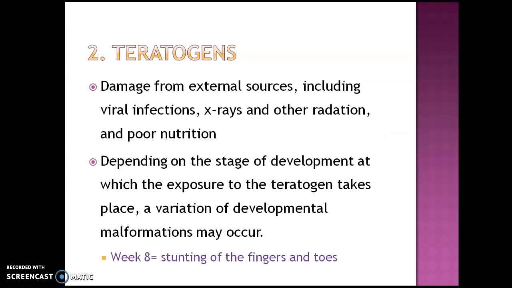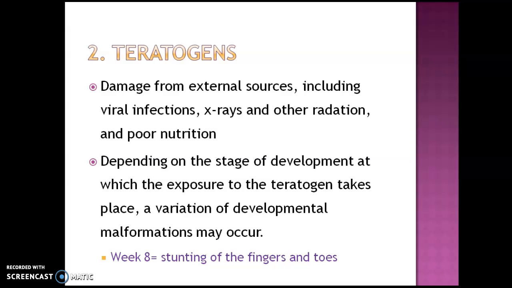The next problem is in the case of teratogens. Teratogens are external sources which may cause harm to the developing embryo. They may include an infection from a virus or bacteria or other pathogens, exposure to dangerous radiations like X-rays, gamma radiations or other radiations, and also poor nutrition.